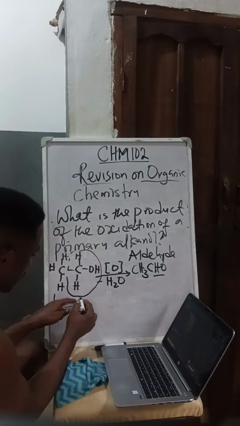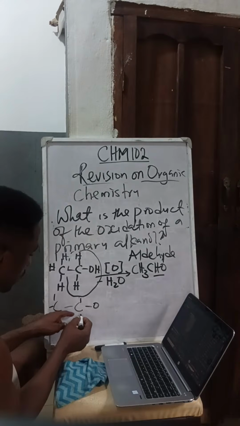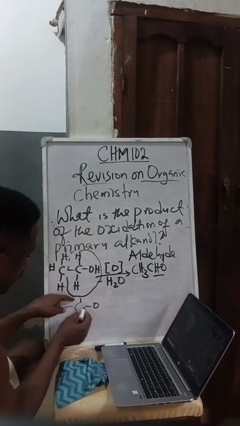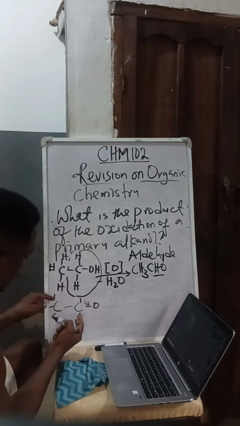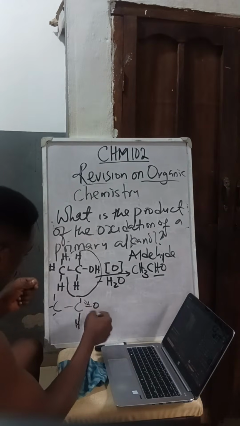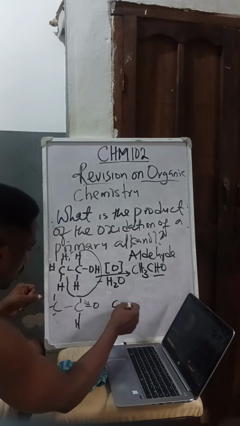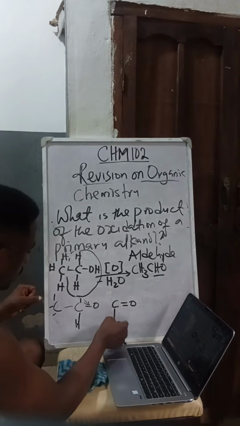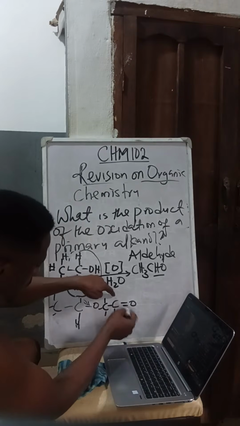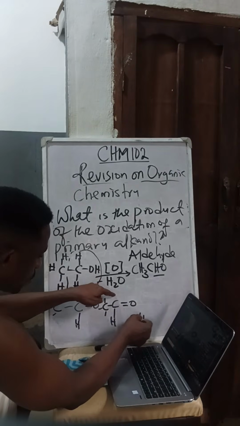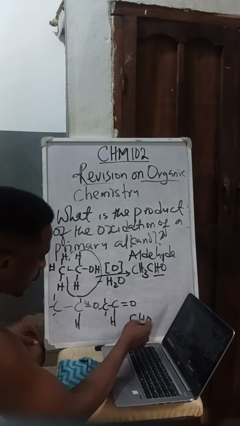Hydrogen is removed. This is a bond that will be freed. Then this is also a free bond. Then this hydrogen is there. So this bond will now merge with this bond to have what we call double bond. Then hydrogen remains here, and we also have this. So this double bond is what we form as CHO, which is called what?